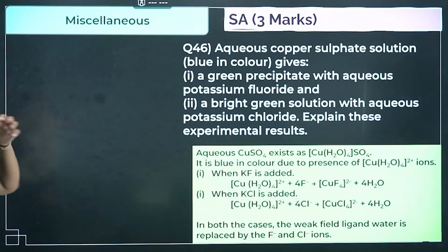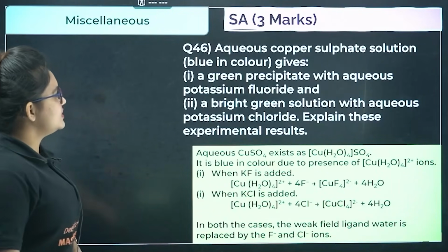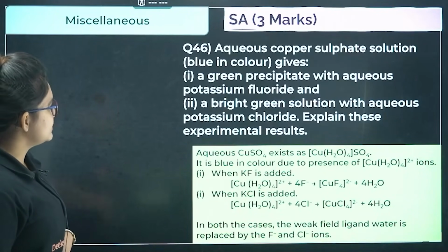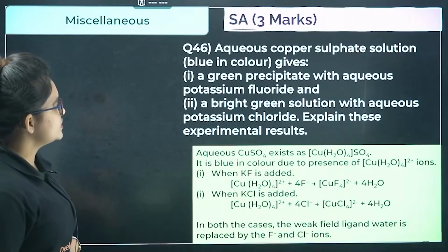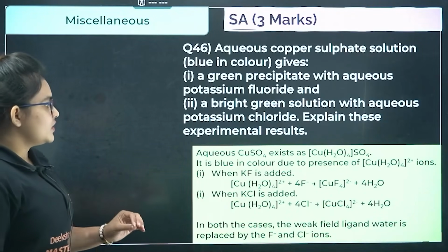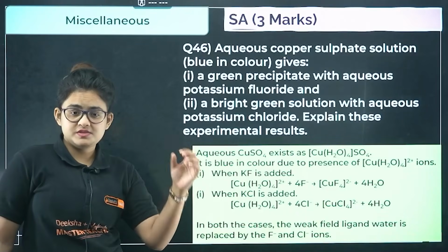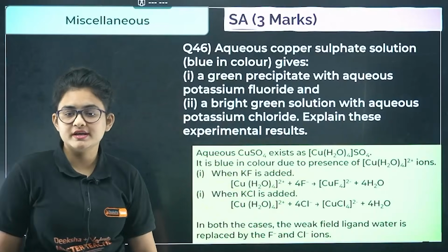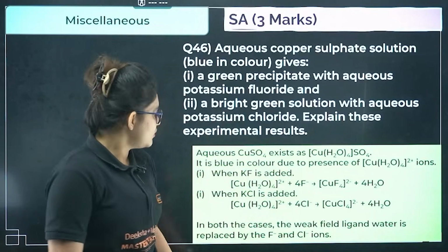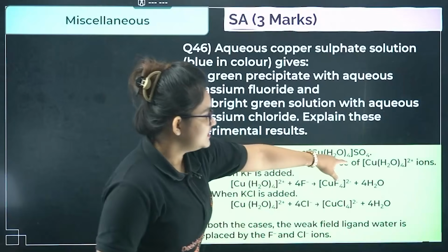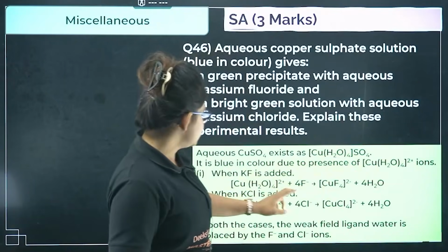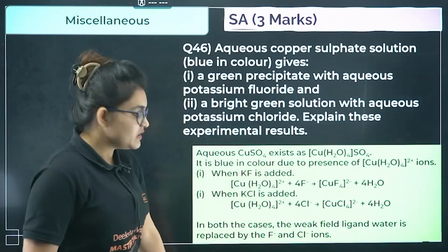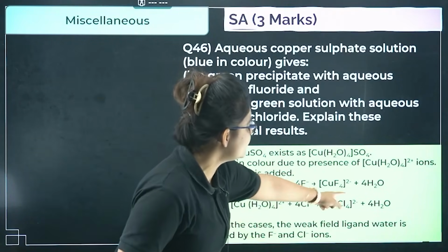Okay, let's proceed. Aqueous copper sulfate solution gives a green precipitate with aqueous potassium fluoride and a bright green solution with aqueous potassium chloride. Explain. Basically, in aqueous copper sulfate, in the coordination sphere itself the water molecules exist, outside is SO4. It is blue in color due to the presence of these ions. Next, whenever KF is added, it will form CuF4 2 minus, and whenever KCl is added, it forms CuCl4 2 minus.